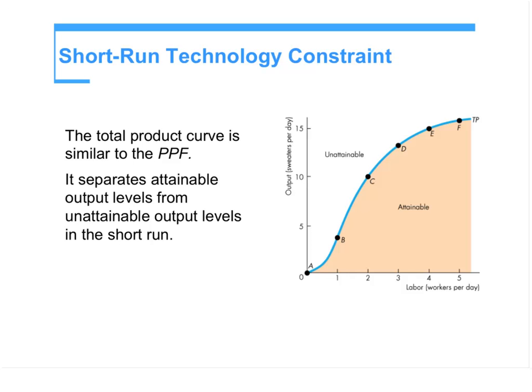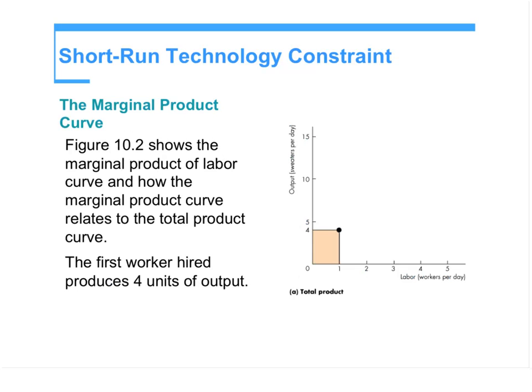Whatever is below the blue curved line is your attainable output, which is obtained by using that number of workers per day.